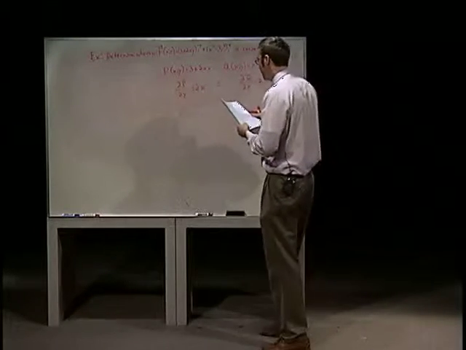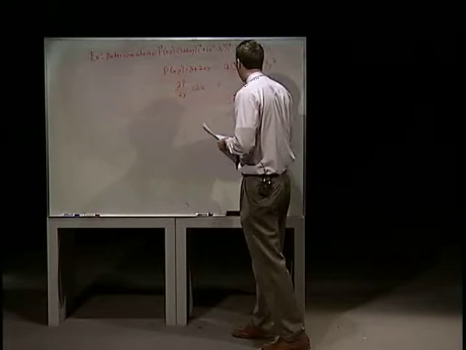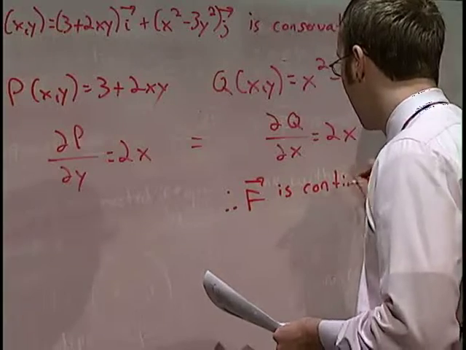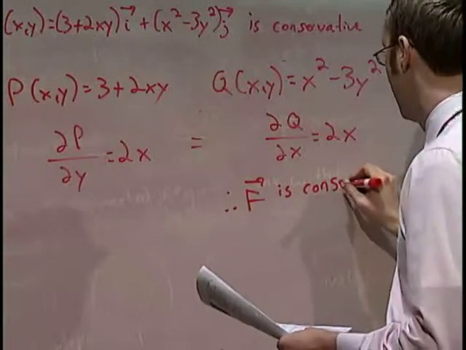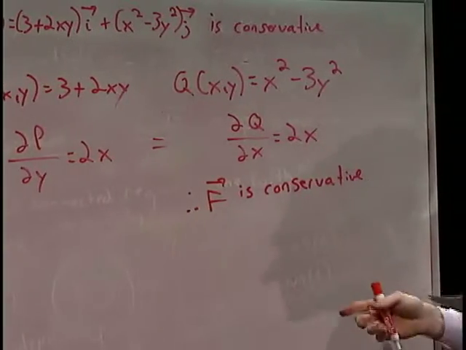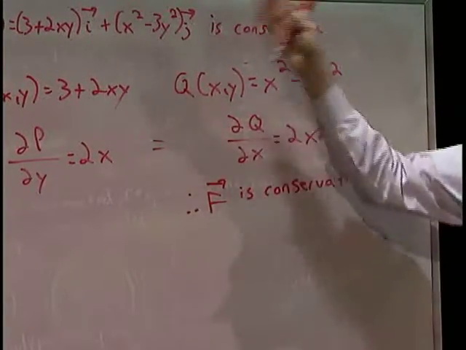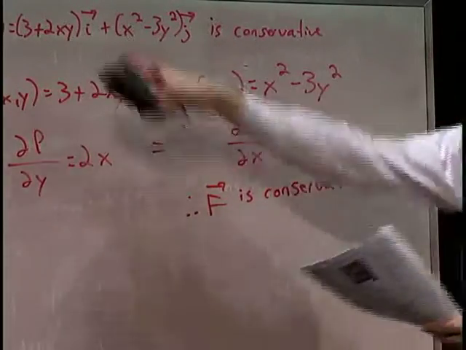Okay? So, as a consequence, F is conservative, right? Because it does satisfy the required properties, particularly this property, throughout the domain of R2. Okay? So, it's a conservative field.